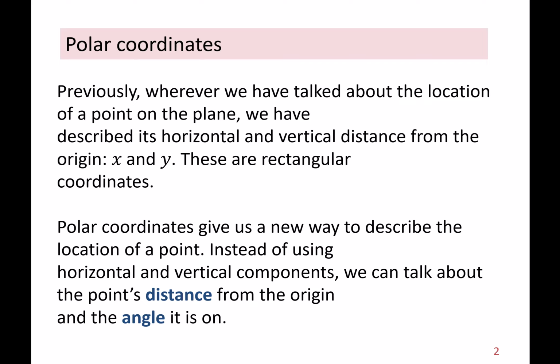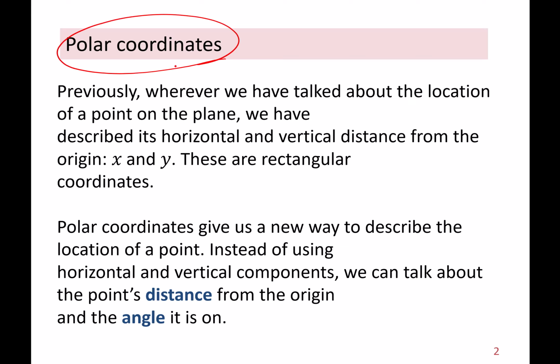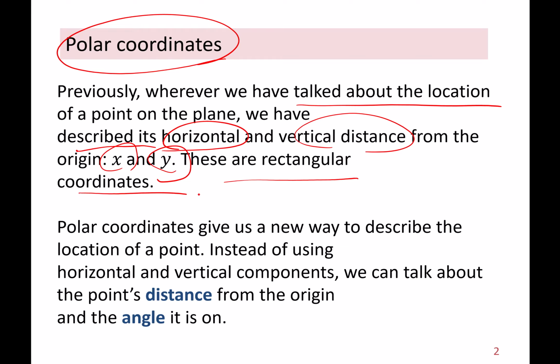In today's lesson we will talk about the polar coordinate system. Previously, whenever we talked about the location of a point on the plane, we described it as horizontal and vertical distance, which is x and y, and these are called the rectangular or Cartesian coordinate system.